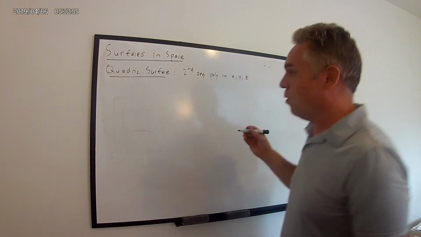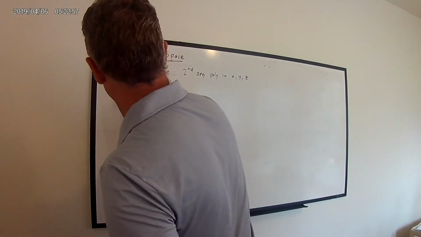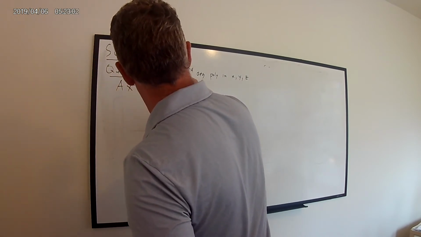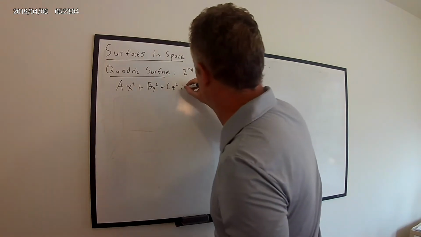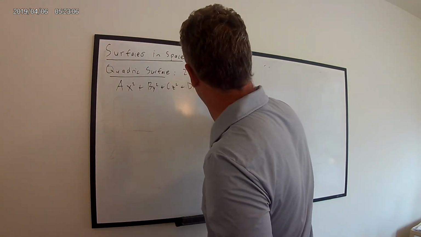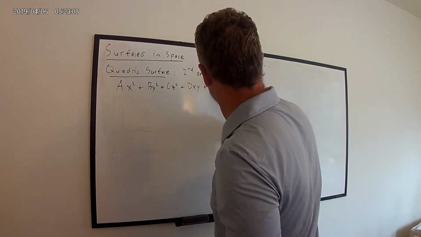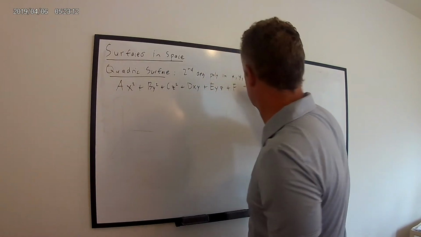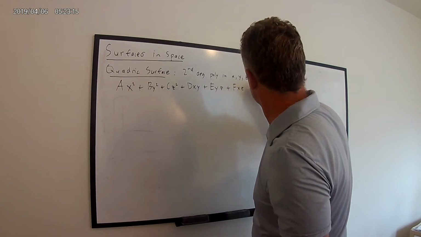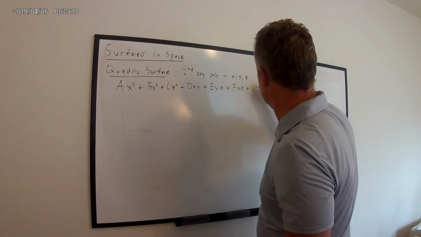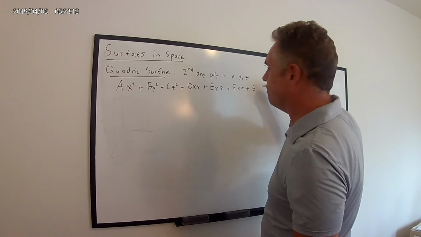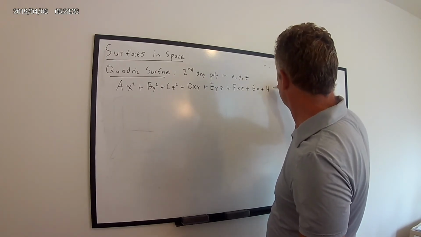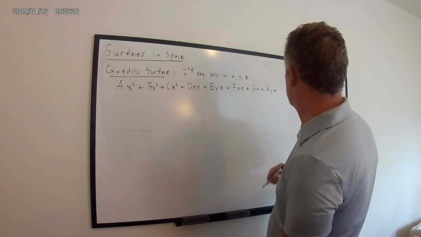It has this form, so let me write this out for you guys: ax squared plus by squared plus cz squared plus d times xy plus e times yz plus f times xz plus g times x plus h times y plus j.